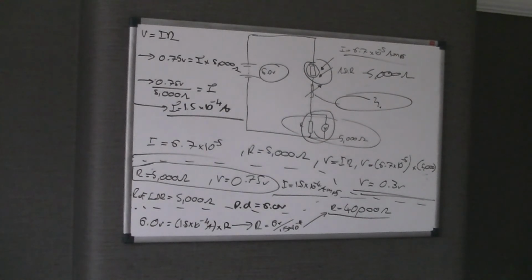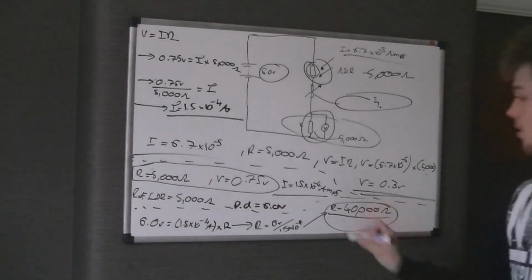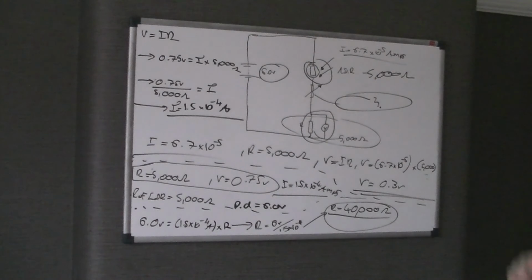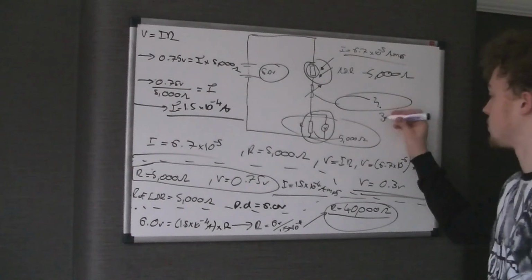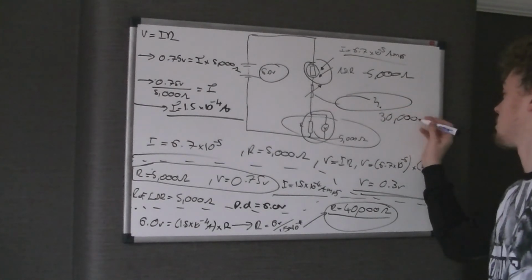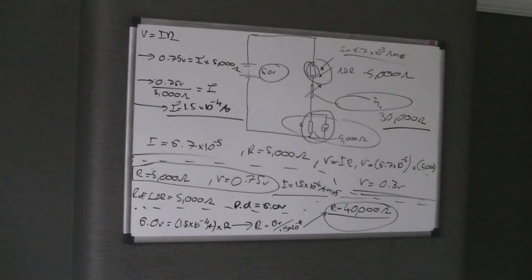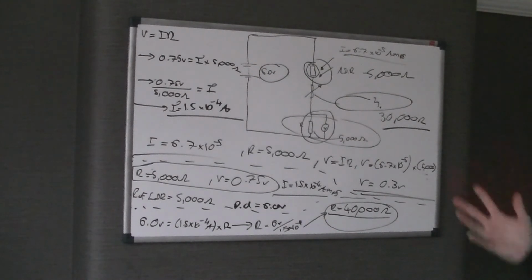Well, we need to hit a total of 40,000, as we said over here. We've got 5,000 and 5,000, so we've got 10,000. The total resistance of the circuit is 40,000, and we've got 10,000 so far, so the resistance of the variable resistor must be 30 kilo ohms, or 30,000 ohms. Okay, hopefully that made sense.